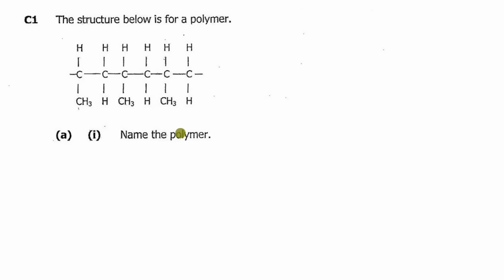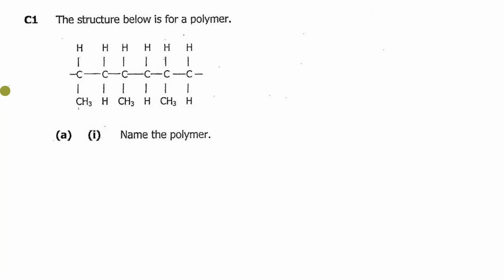So for you to name this polymer, you just look at a repeating unit. The repeating unit has how many carbons? 1, 2, 3. It means this is propene. Three carbons mean propene, like I told you in the other revision. How do we name?